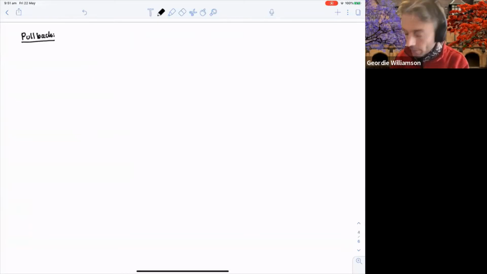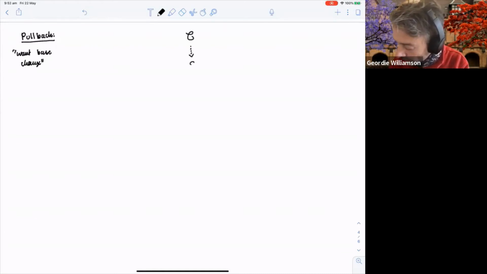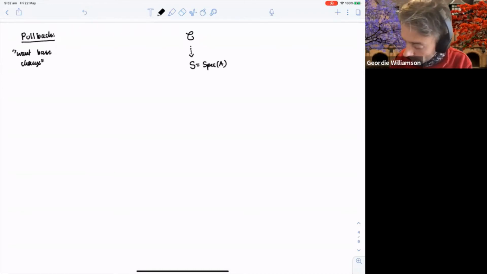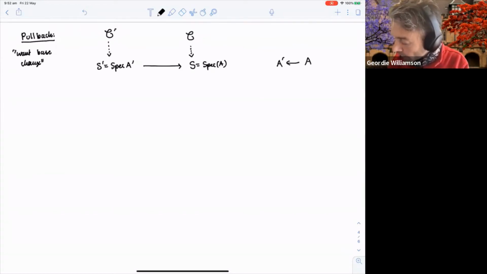So imagine that I have a morphism of affine schemes. So we kind of want base change. So we have C that lives over S, which is spec of A. And then we have S prime, which is spec of A prime, and we have C prime that lives over here, and we have a morphism of affine schemes, which corresponds to a map like this in the other direction.